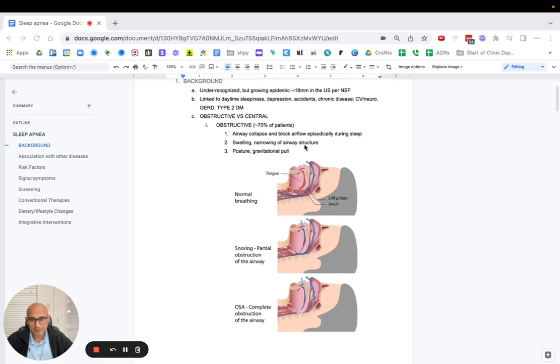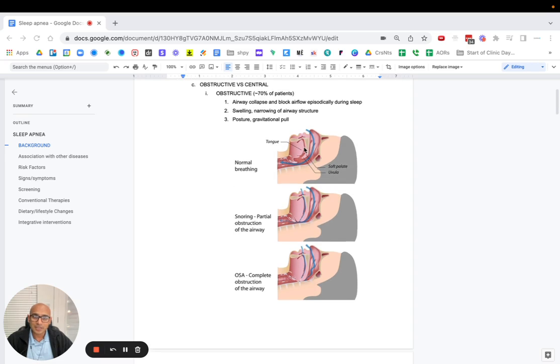So, obstructive sleep apnea basically is a situation where the airway is obstructed, and it may be secondary to airway collapse from swelling or narrowing of airway structures, or a particular posture, gravitational pull. And here's a couple of good diagrams that indicate airflow being obstructed, right? You see airflow going into the nose, and then to the back of the throat, and then to the trachea, right?